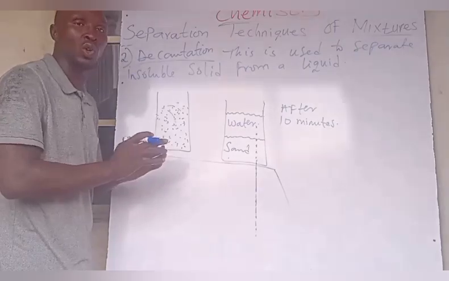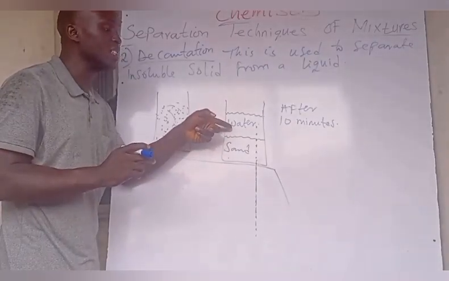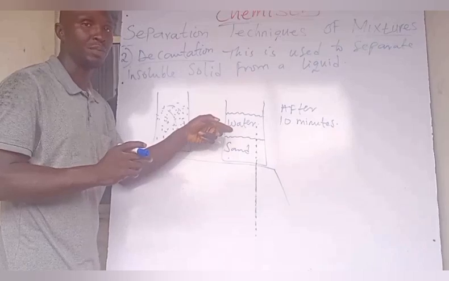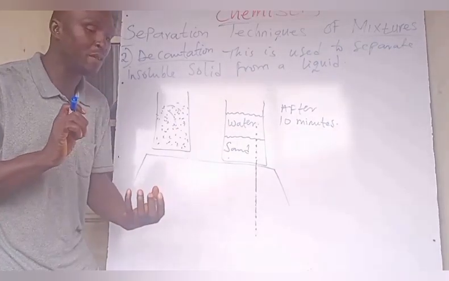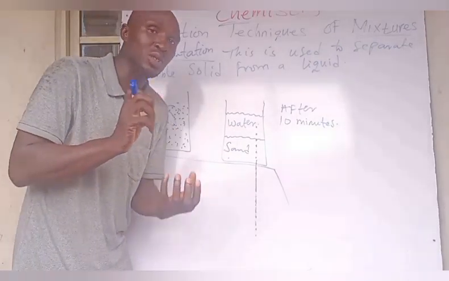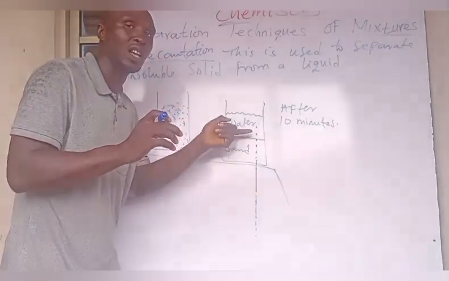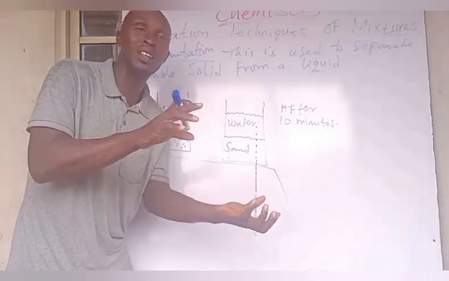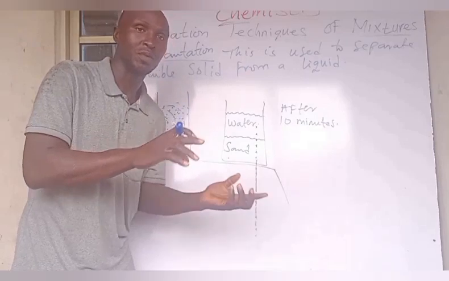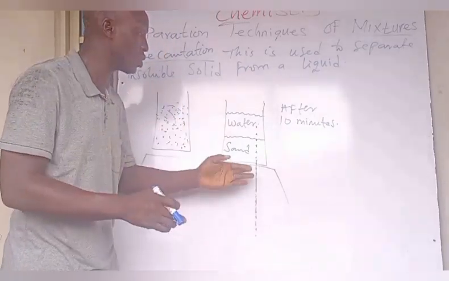Although this is inaccurate because you still have some impurities in the water, you carefully decant. You carefully pour out the upper layer, which is the clear part of the water, into another container, thereby having your water and sand.